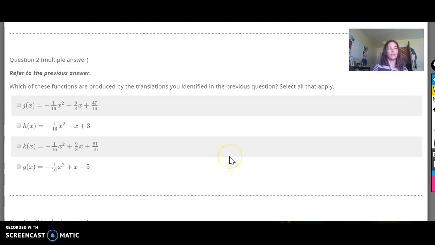Now they want to know which of these functions are produced by the translations that we identified in the previous question. Let's do this super easy one first. If we just add one to the function, that is simply adding a constant value of 1. It's shifting it up by 1. Our initial function was negative 1/16 x squared plus x plus 4.